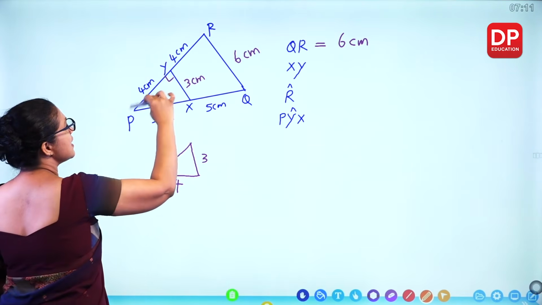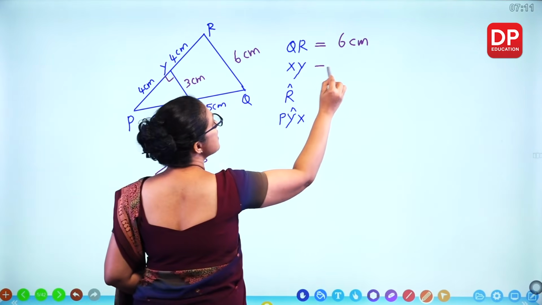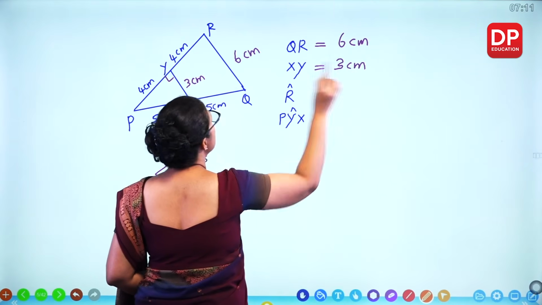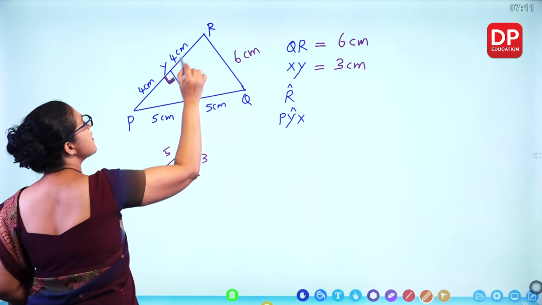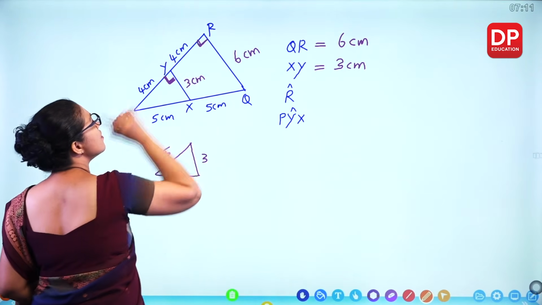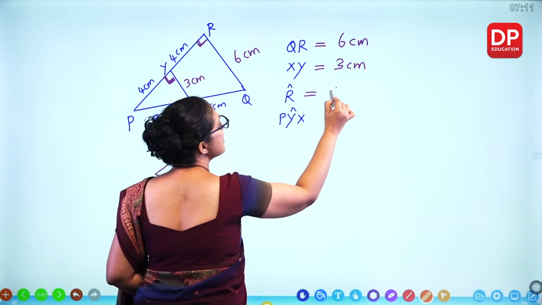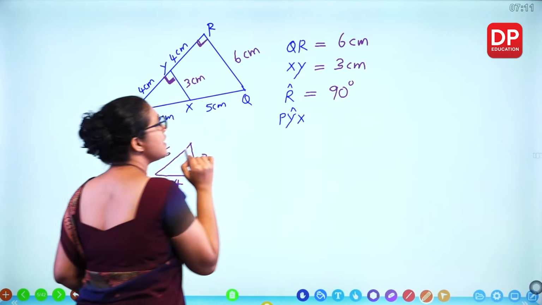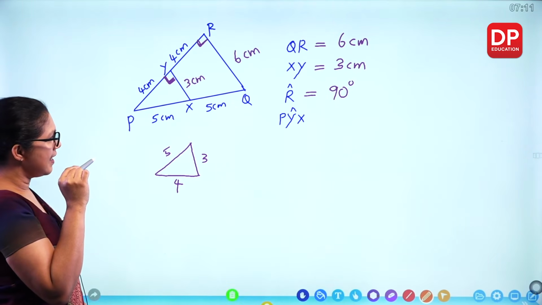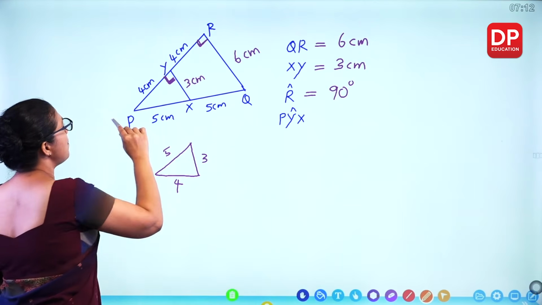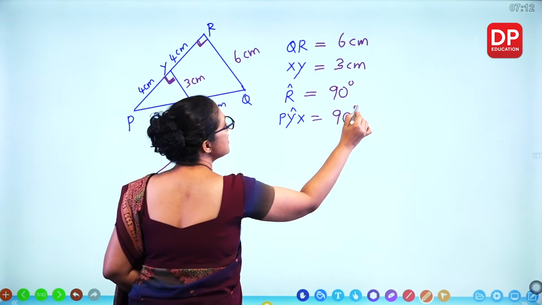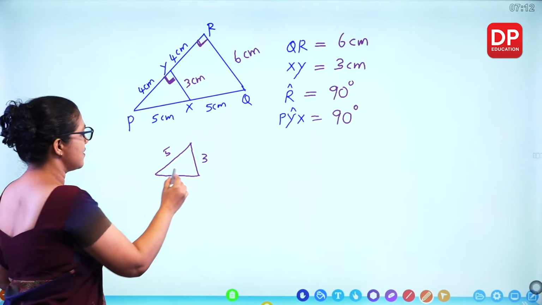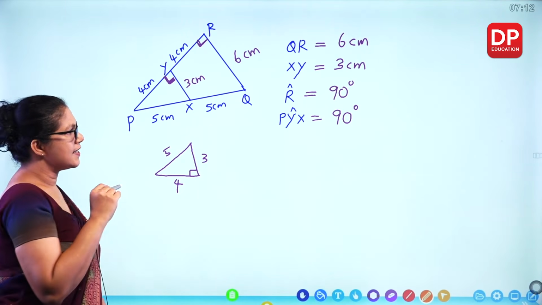You will get XY as 3 centimeters. Then what is the R angle? If this is 90 degrees, this is also 90 degrees, corresponding angles. Then the PYX angle is also 90 degrees.